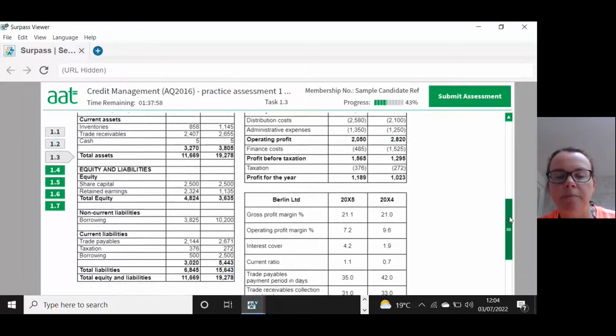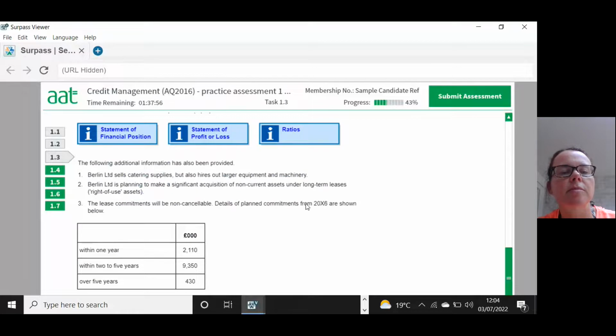But they are planning to make a significant acquisition of non-current assets under long-term leases. So what that means is, yes, we're going to get the assets back, but we're also going to have this debt in the form of leases, which is obviously going to increase our gearing again, because the debt for the leases is a form of borrowing.